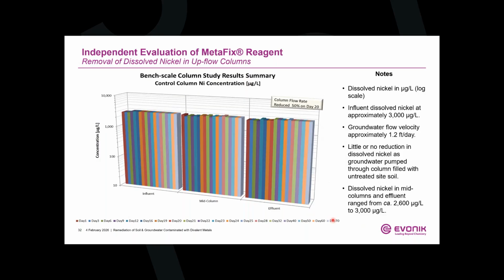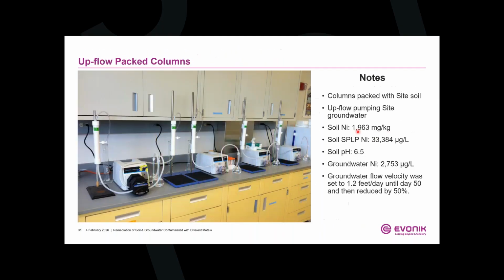And here's the performance data over 70 days of pumping through those columns. What you can see is that in the control column that was packed with soil from the site, actually, I should have addressed that. This is significantly impacted soil, almost 2,000 ppm of total nickel, SPLP nickel 33,000 ppb, and the groundwater itself had almost 3,000 ppb of dissolved nickel.